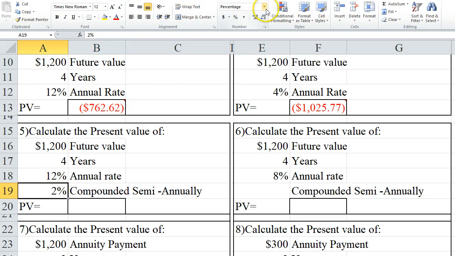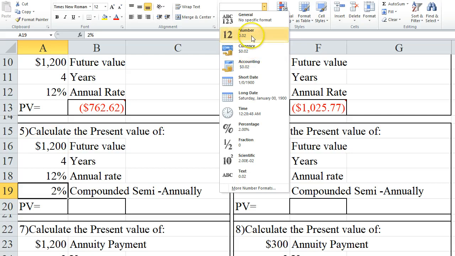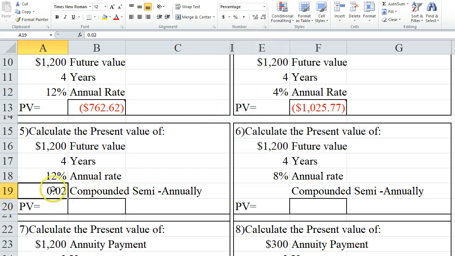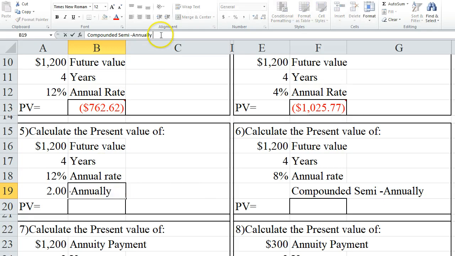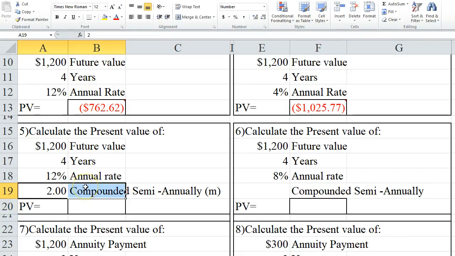And let me change this to a number. So this is going to be 2, and what we're really seeing here is m, the frequency. And this is going to be the same for both problems.